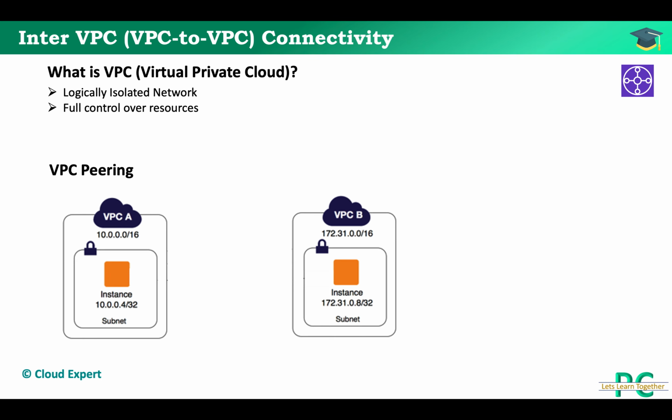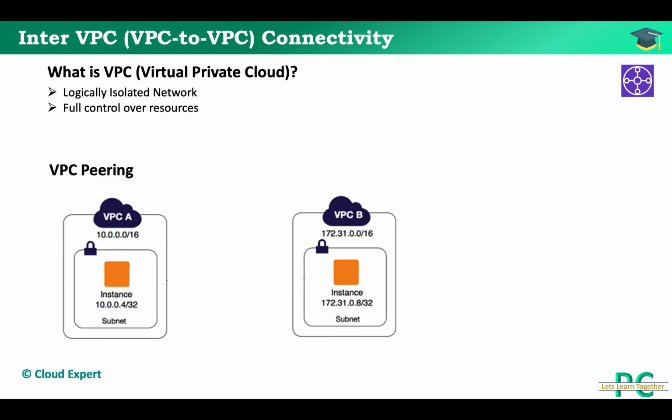And when you are connecting VPCs, the first option we have is the VPC peering connection. What does it mean? It means that you are connecting two or more VPCs. It could be in the same account, or maybe you want to connect from a different account, or maybe you want to connect two VPCs in different regions.